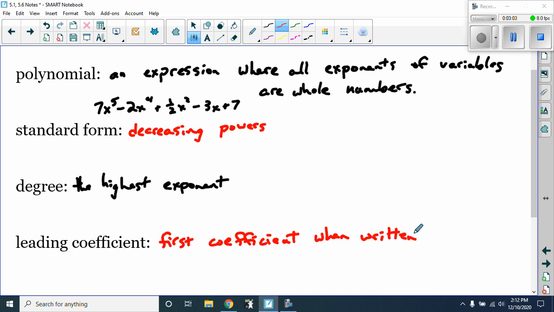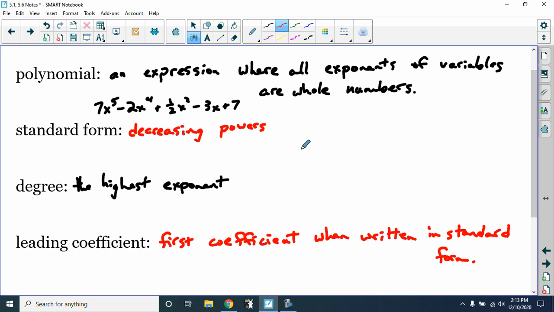So if it's not in standard form, it's not necessarily going to be the first coefficient. You either need to write it in standard form first or identify which one would come first. So it's the first coefficient, as long as it's written in standard form. That is called the leading coefficient. If I'm ever going too fast, feel free to just pause the video, rewind.